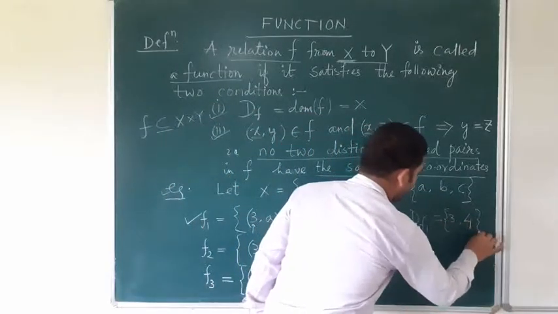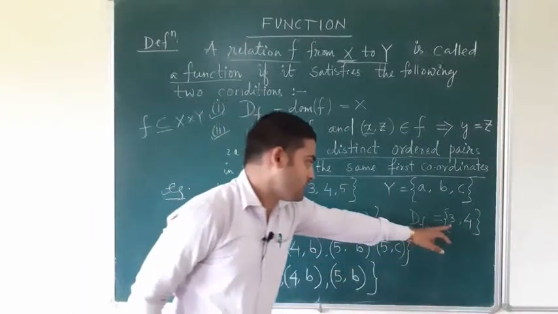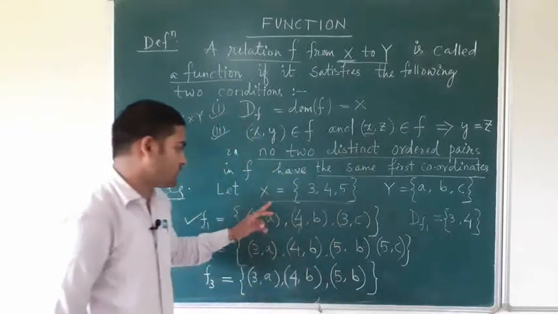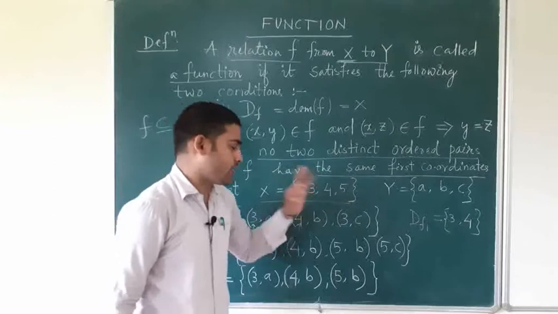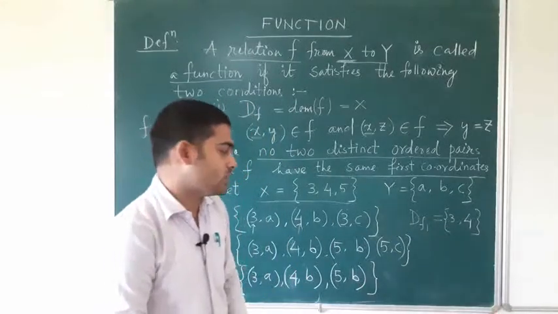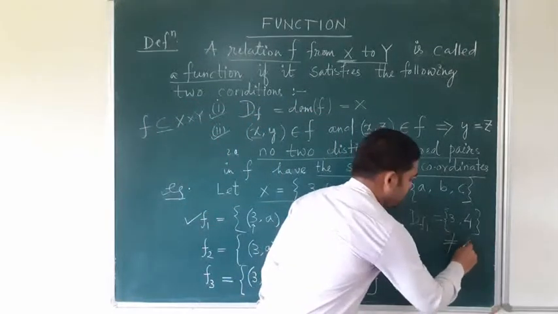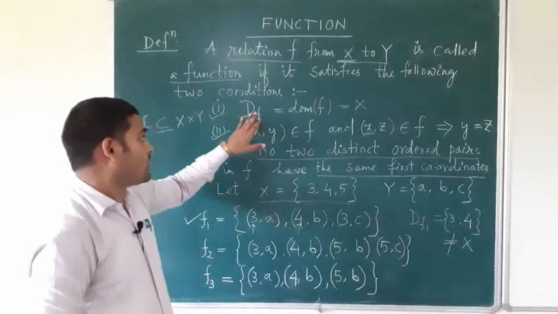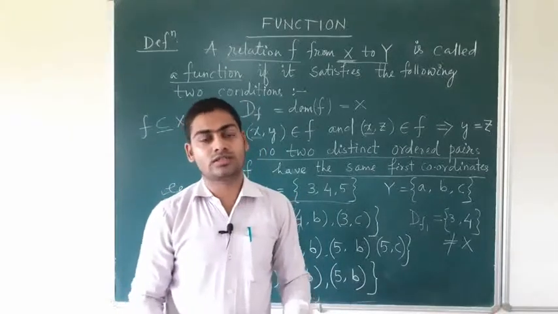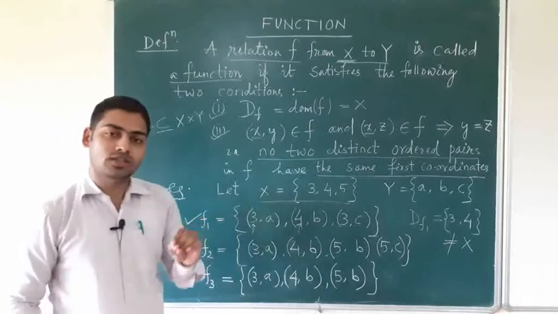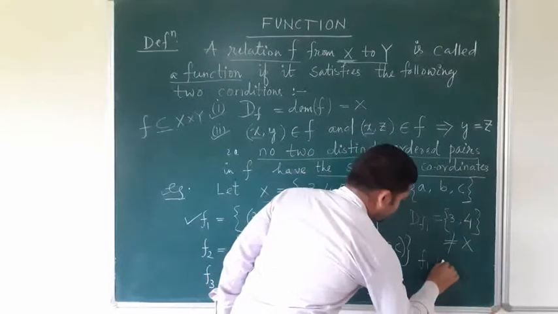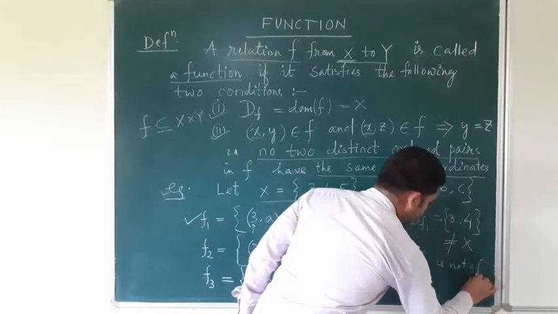So the domain contains 3 and 4. But here you see X is what? X contains 3, 4, 5. So the domain of F1 is not equal to X. So the first condition is not satisfied. So friends, this relation is not a function. So F1 is not a function.